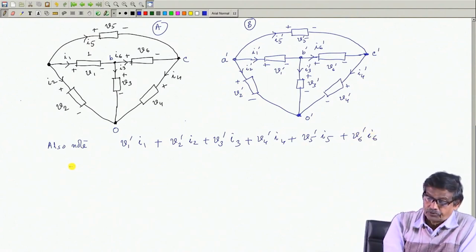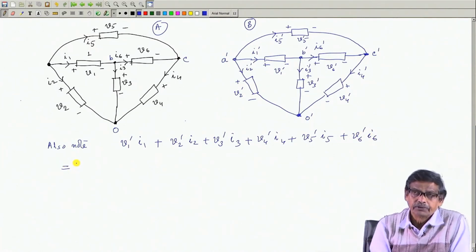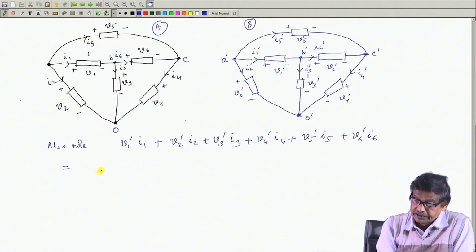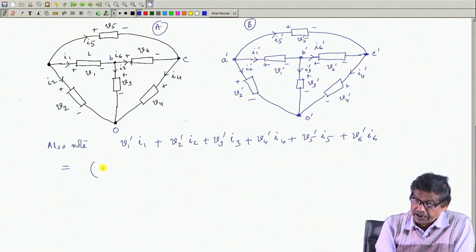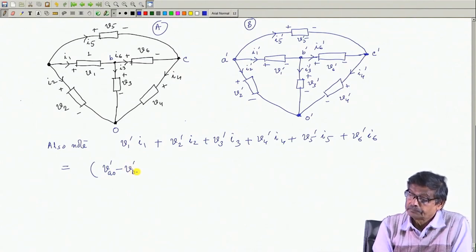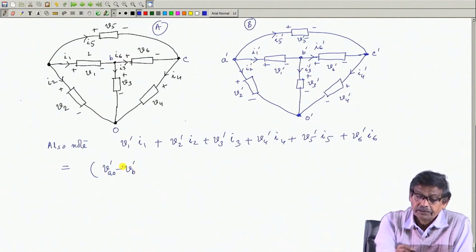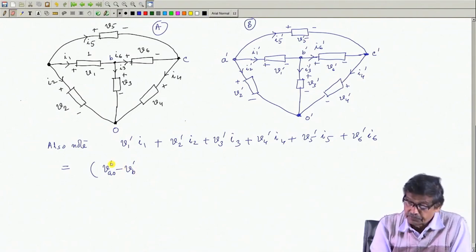What this comes out to be? Okay, same procedure. V1 dashed is what? Voltage across this element in terms of the node voltages, V dashed A0 minus V dashed B0. I am sorry, I should write it much more correctly.